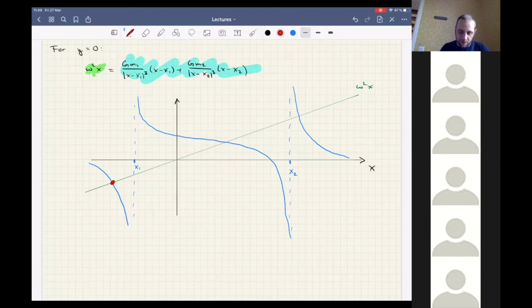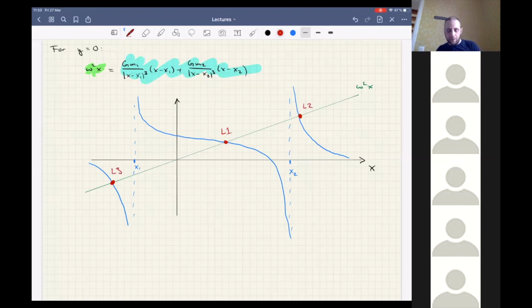In the middle region, I have one function which is bounded and monotonously growing, and another expression that's monotonously decreasing from plus infinity to minus infinity. That means there must be an intersection somewhere, and that intersection is there. And the same thing here, I'm going to have some intersection somewhere like there. So there are 3 solutions to this equation, and I'm going to label them L1, L2, and L3.